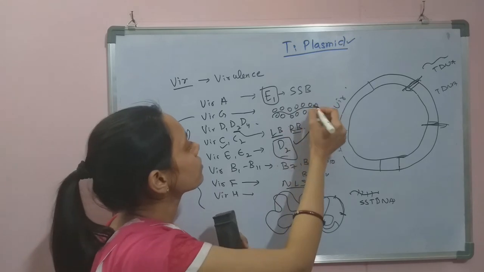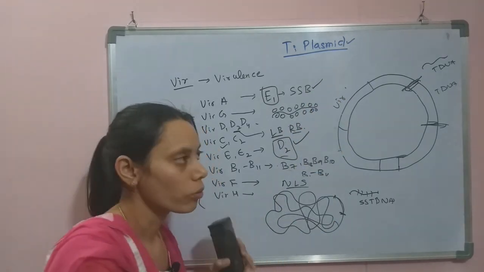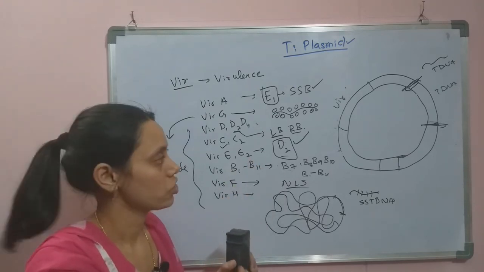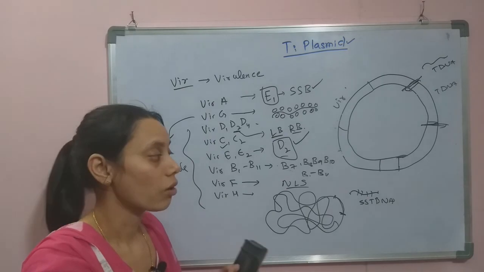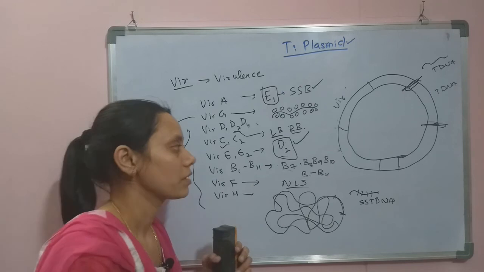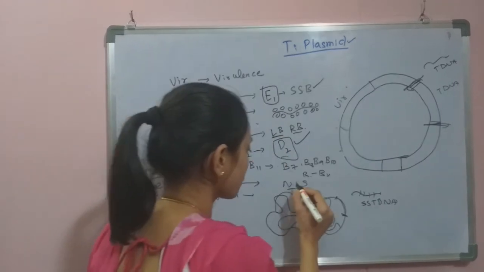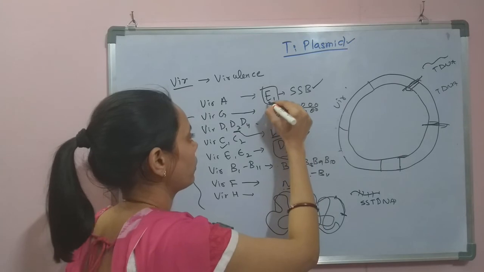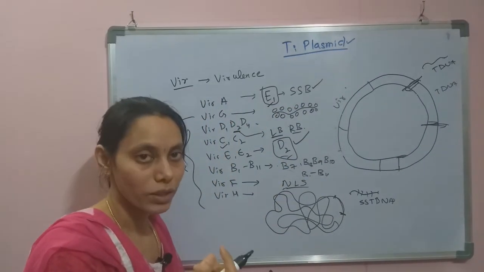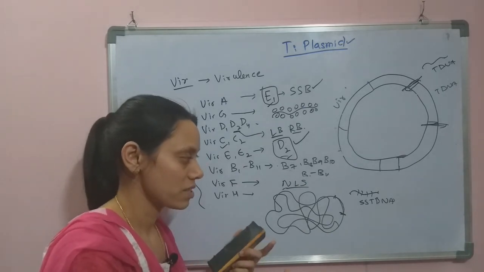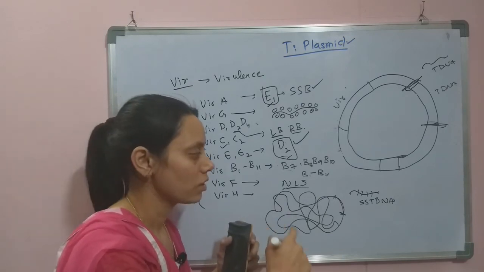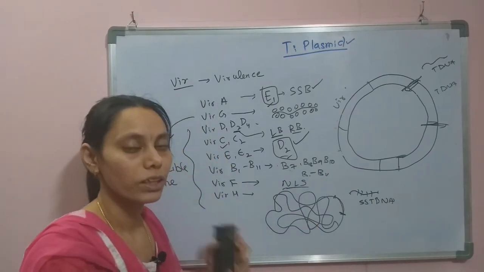So these SSB proteins which bind all over the tDNA, and also this D2 protein which protects the borders, both are also responsible for the insertion inside the nucleus. So these two genes, E1 and D2, also have nuclear localizing signals. That means a small sequence present on this ssTDNA is responsible for the insertion of this tDNA inside the nucleus of the plant cell.